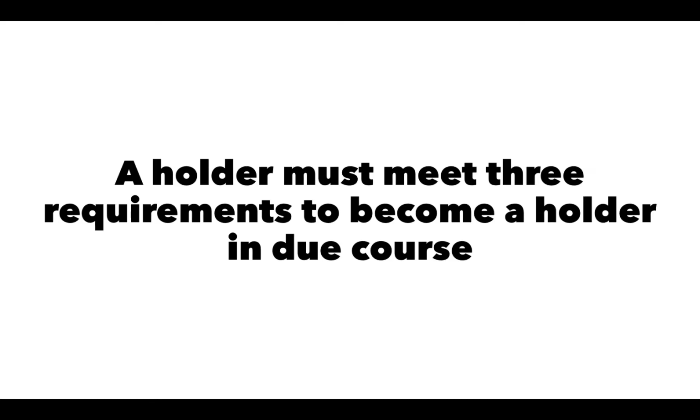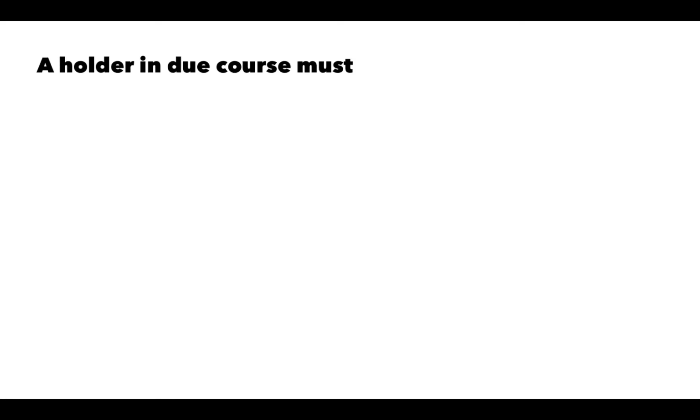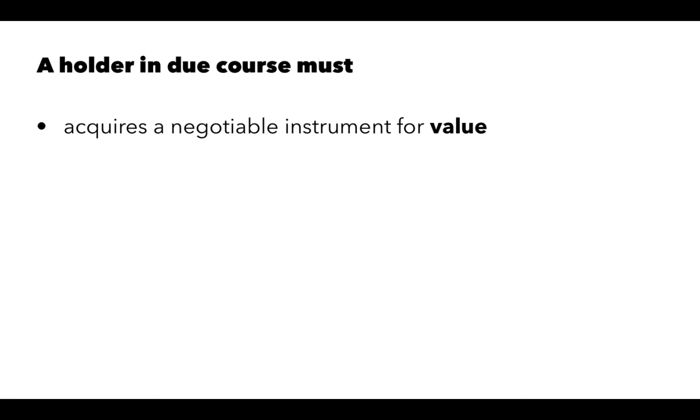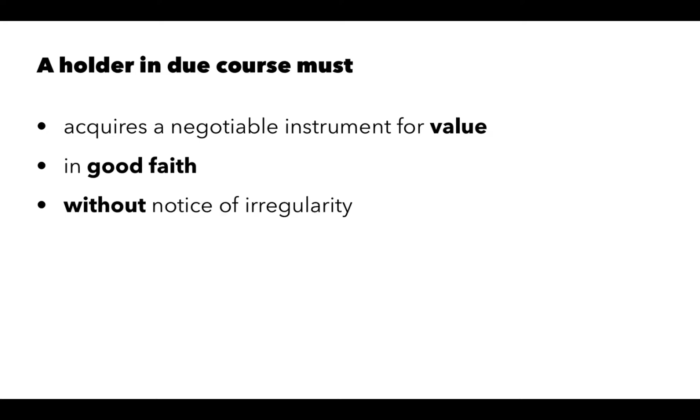Now, a holder must meet three requirements to become a holder in due course. How does he become a holder in due course? A holder in due course must acquire the negotiable instrument for value, in good faith, and without notice of irregularity.